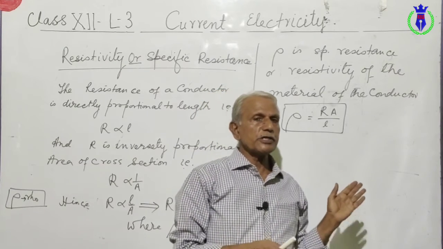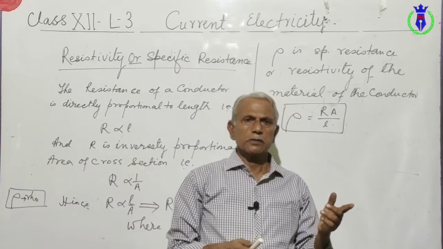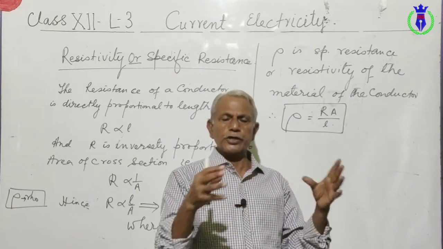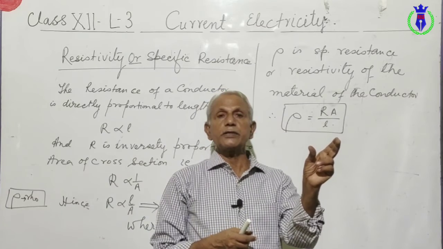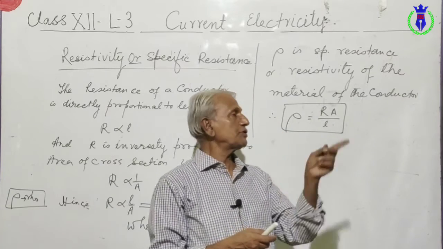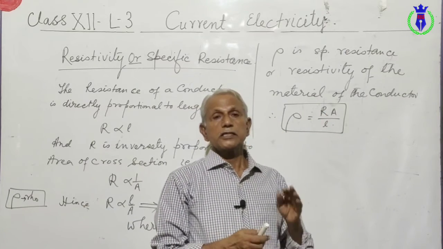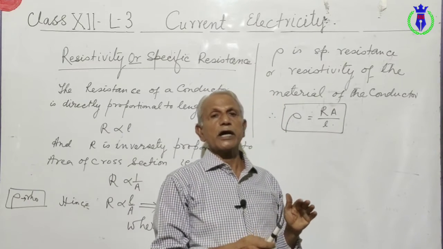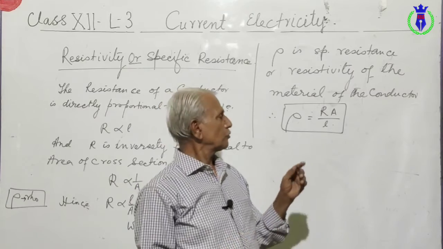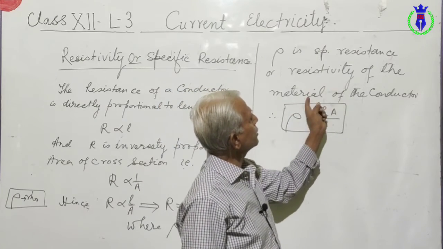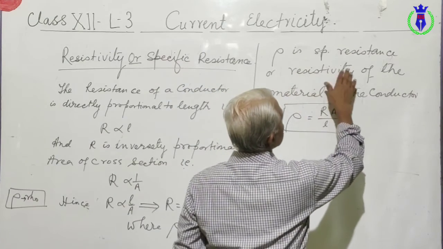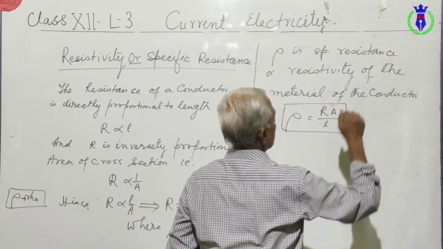The resistivity of copper is fixed. It does not depend upon the wire. Either the wire is thin or thick, or it is a block of copper, the resistivity is the same. The resistivity of iron is the same. Resistivity of Ag, silver, is the same. So specific resistance or resistivity is of the material of the conductor.